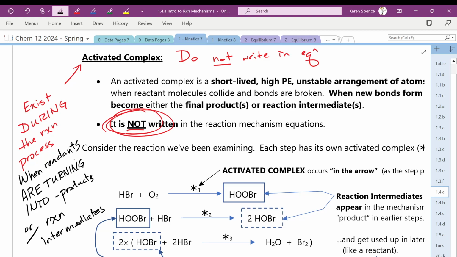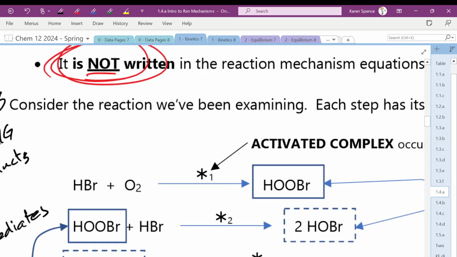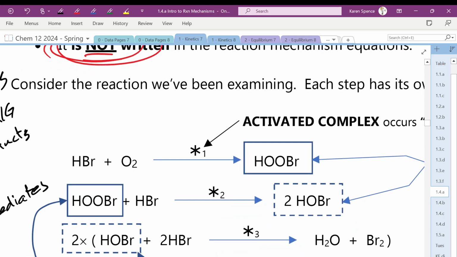So if we take a look at our reaction mechanism here, we can see here's step 1, okay? And look where the activated complex is. Remember, we can represent it with a star. There is our activated complex. It's taking place during the reaction, so we can write it above the reaction arrow. So this is very unstable, so we don't even see it in there at all.